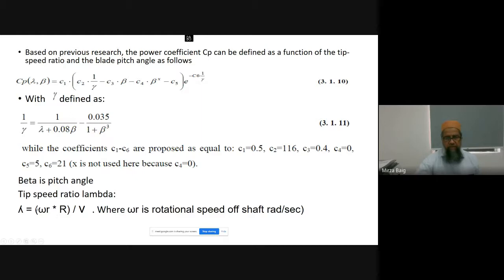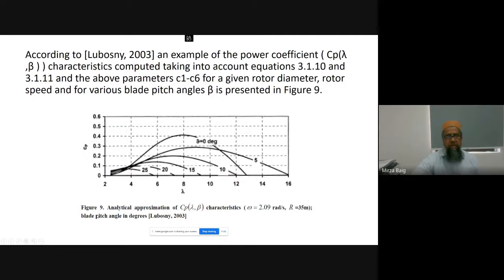You'll find the tip speed ratio lambda is omega times r over v, where omega is the rotational speed of the shaft in radians per second. Here is a typical example with omega at 0.09, radius of 35 meters, and beta of 0 degrees. At different wind speeds, you find this.